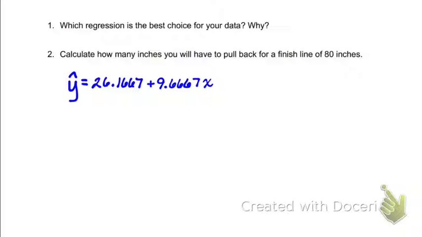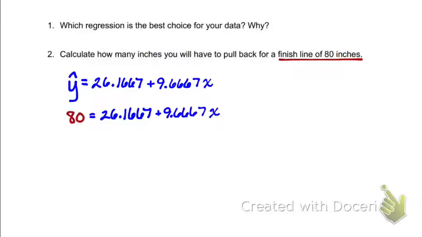We're trying to make a prediction about pullback distance. If the finish line is 80 inches away, I'm going to put that in for y. So I want you guys to go ahead and calculate that.